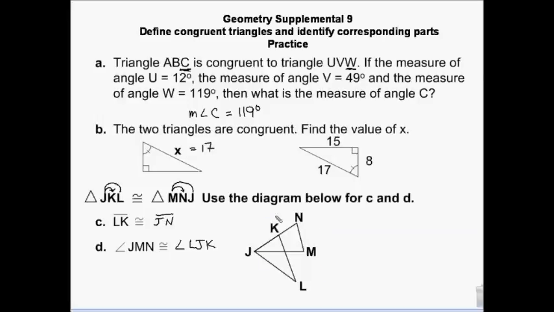If you want, you can take these pictures apart. You can draw J and M like that, and then you can draw another triangle and see how this is J and that's K. So that would make that L. And if that helps, you can do that. You don't necessarily need the picture. If the picture helps, use the picture.